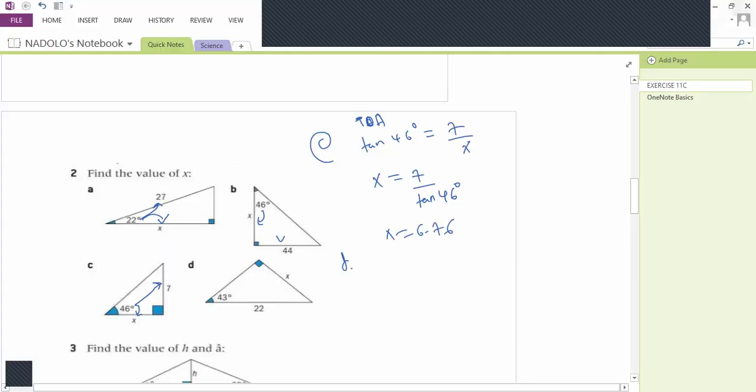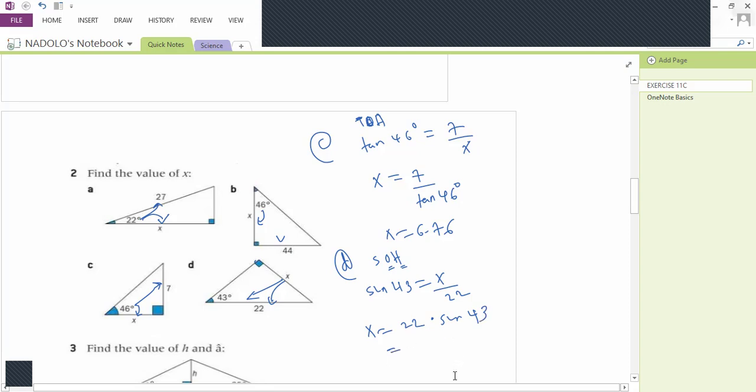And then part D, the last one, the 90 degrees is here. Be careful on where it is. Then it has the hypotenuse and then it has the opposite. So opposite, hypotenuse, that should be sine. So if we do the sine of 43, it will be given by opposite side divided by hypotenuse, where your x should be 22 multiplied by sine of 43.